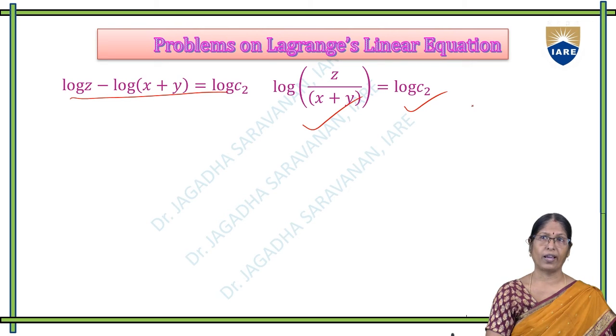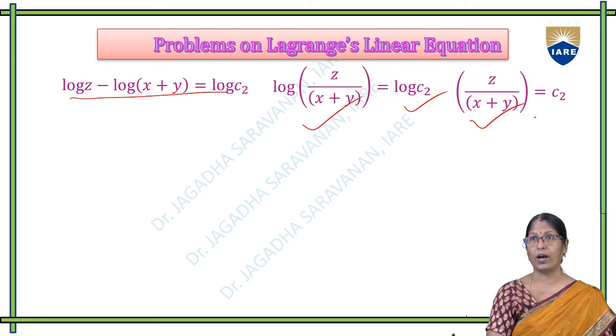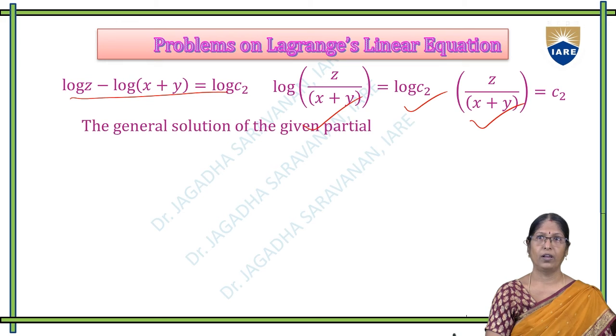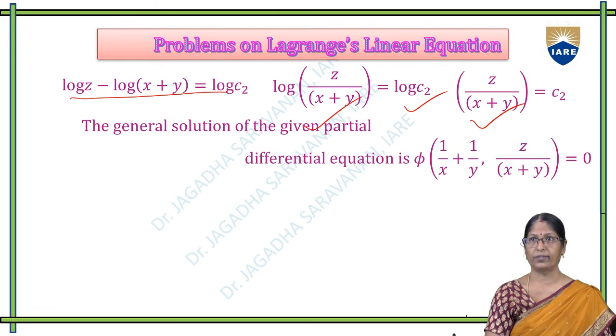Both sides we can cancel the log. Then we obtained z/(x + y) = constant. So the general solution is this result we obtained: c1 = 1/x + 1/y.